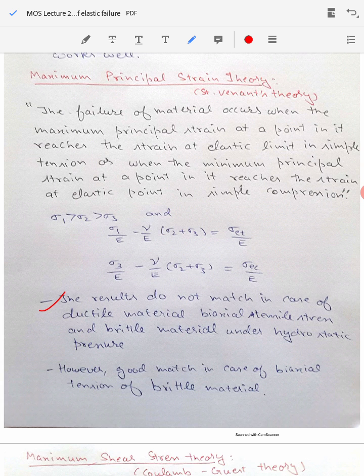In such cases, even for the brittle material, this theory is not going to work well. Why is it so? Please try to find the answer for that. So the results do not match for ductile material under biaxial tensile stress, and they also do not match well for brittle material under hydrostatic pressure, but this theory works quite well for biaxial tension of brittle material.